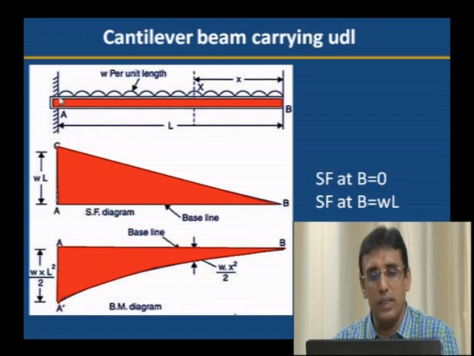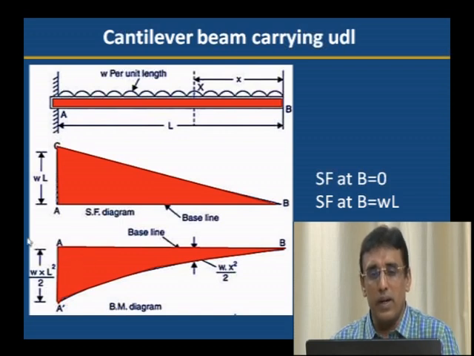So w into L into L by 2 gives wL square by 2. This is the maximum bending moment at A, and the bending moment at B is 0.